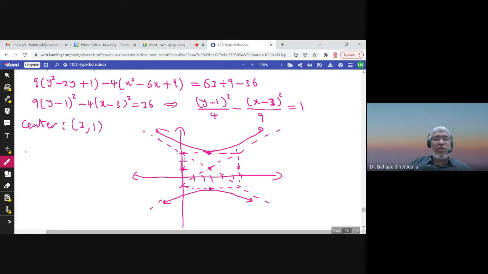The equations of the asymptotes are y minus 1 equals plus or minus square root of 4 over square root of 9, x minus 3. The foci would be here on this line. This is the transverse axis, and the coordinates would be, I'll go up and down, so 3 will not change. 1 plus or minus 9 plus 4 is 13, so square root of 13.